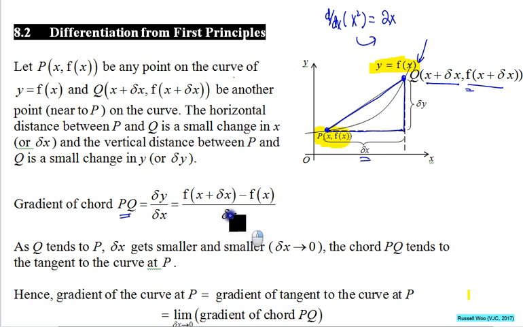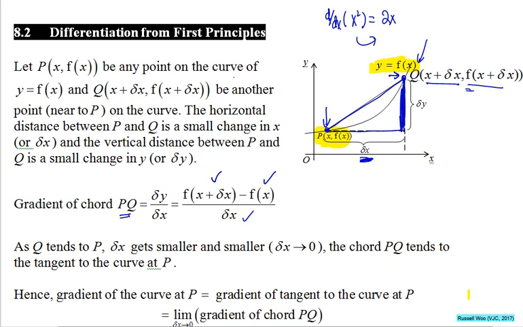Delta x, no problem, I can leave it there. This is just the delta x. This delta y is the y coordinate of this minus the y coordinate of this. Make sense? Yes, okay.